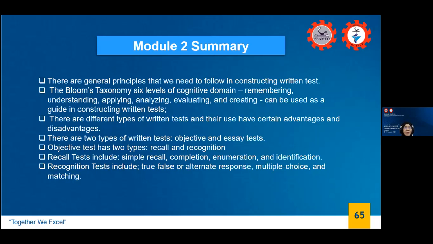There are 2 main types of written tests, objective and subjective or essay tests. The objective test has 2 types, recall and recognition. The recall test consists of simple recall, completion, enumeration, and identification, whereas recognition consists of true or false or alternate response, multiple choice, and matching type.